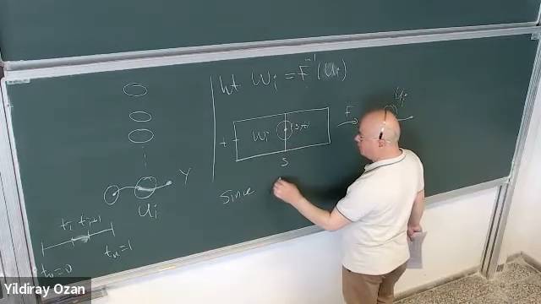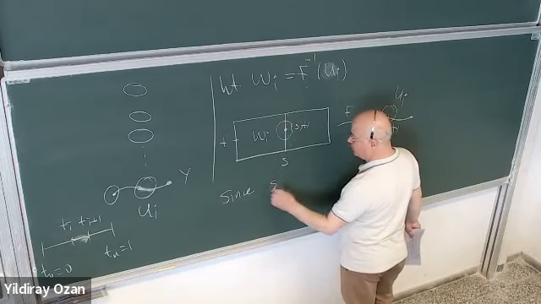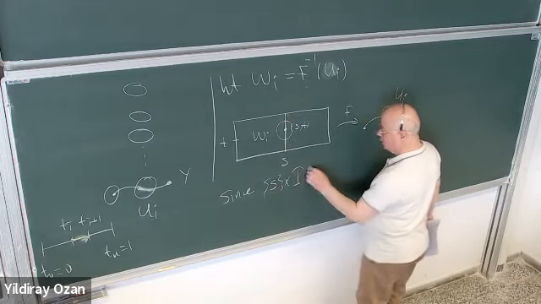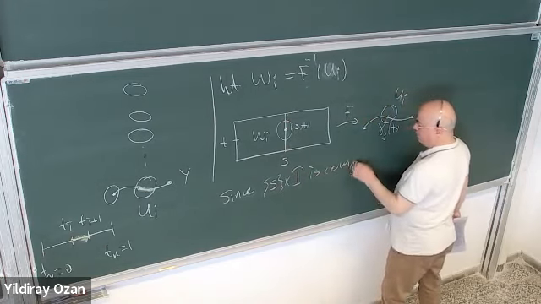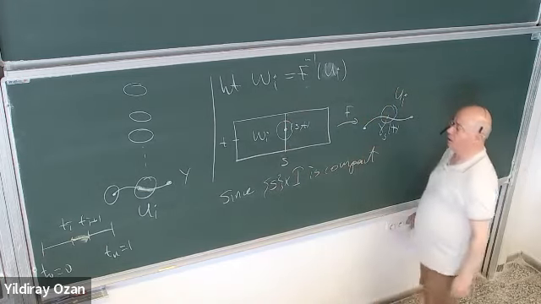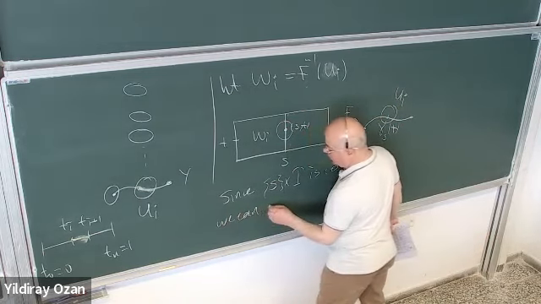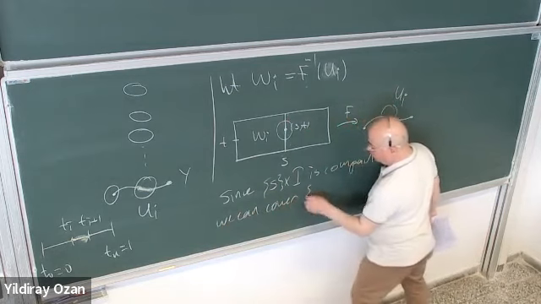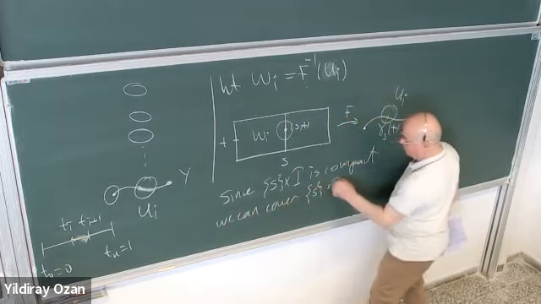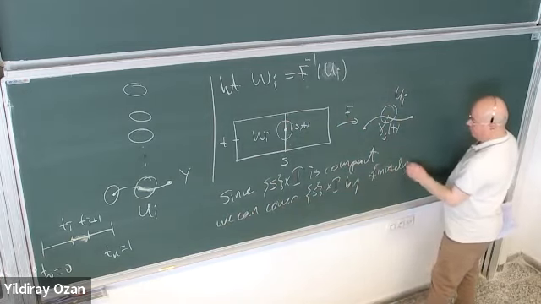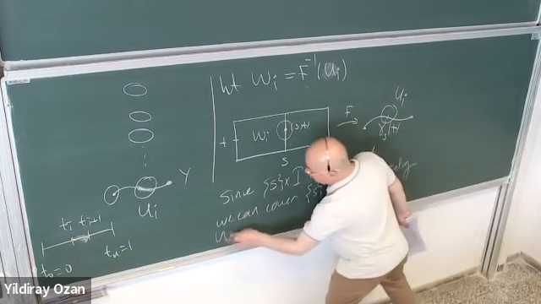That interval is just {s} cross [0,1], right? It is compact. We can cover it by finitely many W_i's.